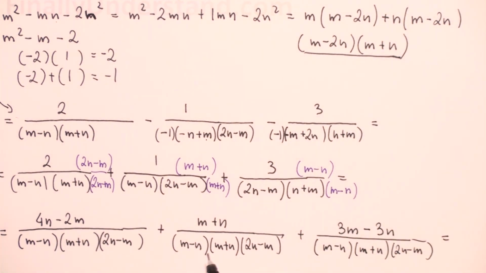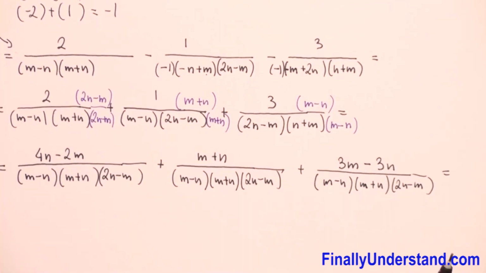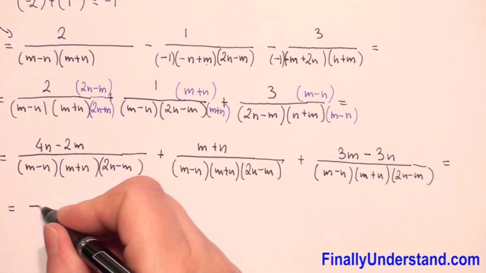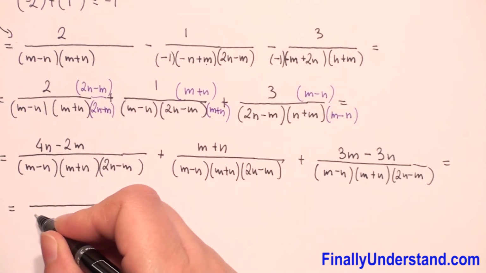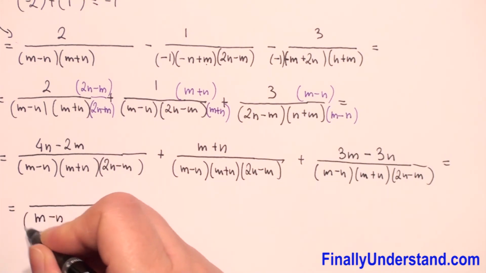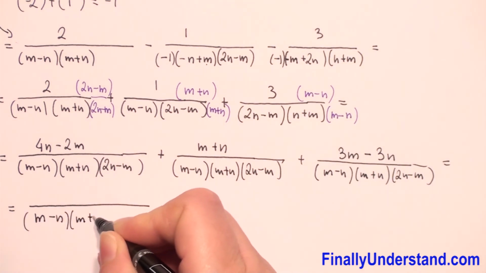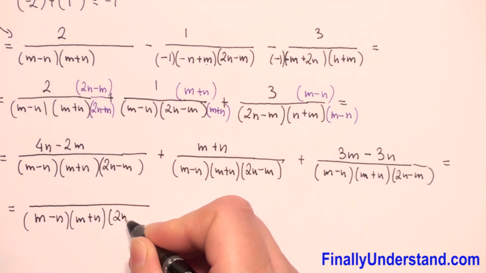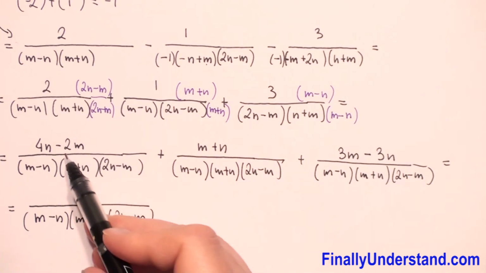Now when we have the same denominators, we copy the denominator, m minus n, m plus n, and 2n minus m, and we have to just add.